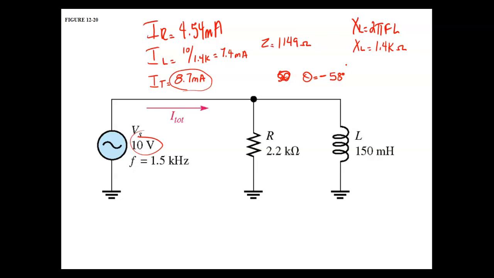If they don't cancel out, then if you have more C than you do L, we say the circuit is capacitive. If you have more L than you have C, we say it's inductive. And that tells you whether you're leading or lagging, how they describe the circuit.